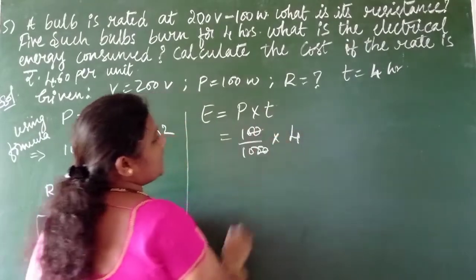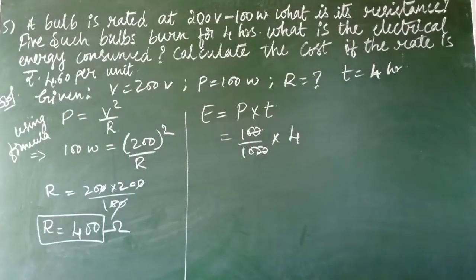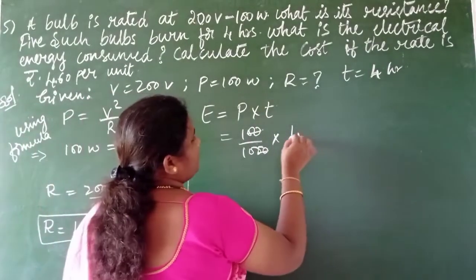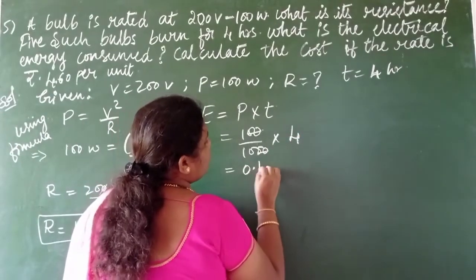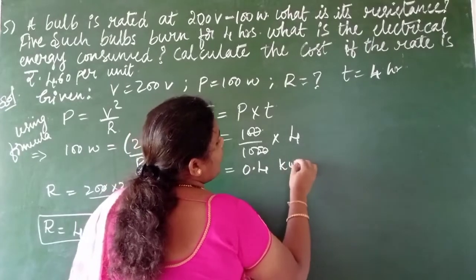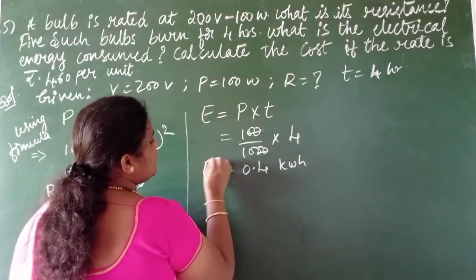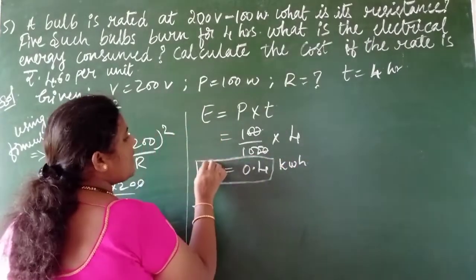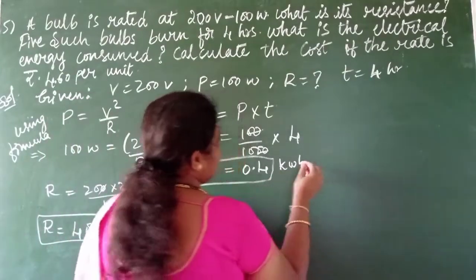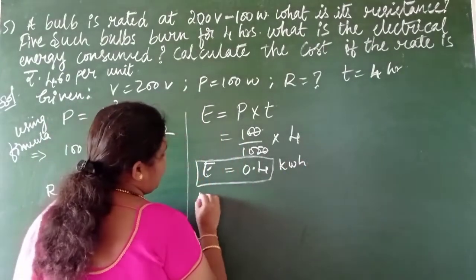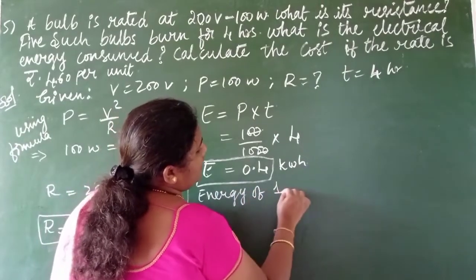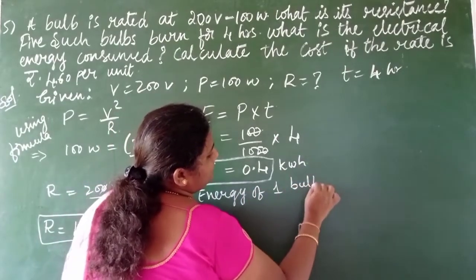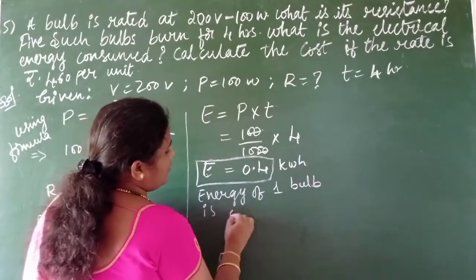These two get cancelled. 4 divided by 10, that is 0.4 kilowatt hour, the energy of one bulb, isn't it, children? So the energy of one bulb is 0.4 kWh.